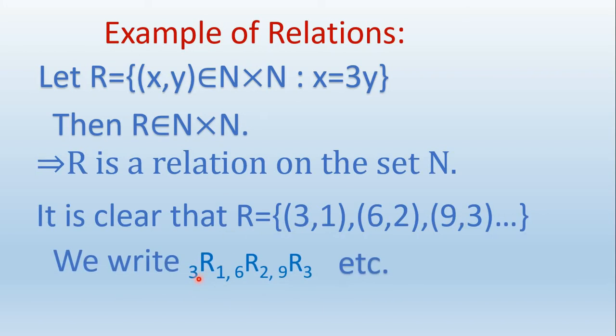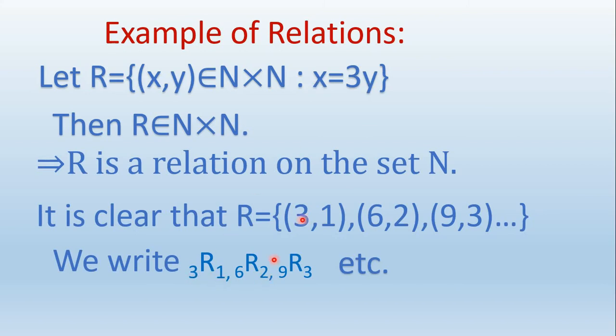We write 3 is related to 1, 6 is related to 2, 9 is related to 3. If we put 1 as the value of y, then we find the value of x is 3. That means 3 is related to 1.